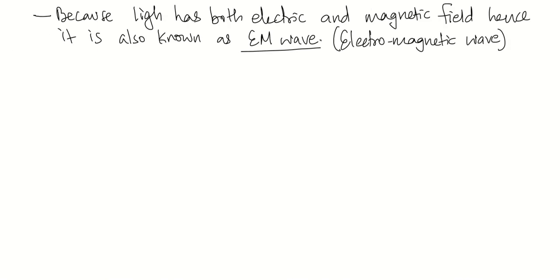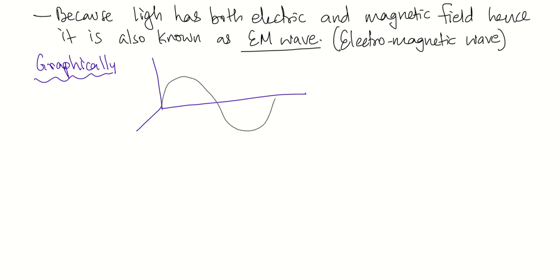Okay. Now, there are certain components of a wave we should understand. Graphically, we represent the wave in this form, like this. This one movement from position A, you went to B and then to C, so you went like this, right?